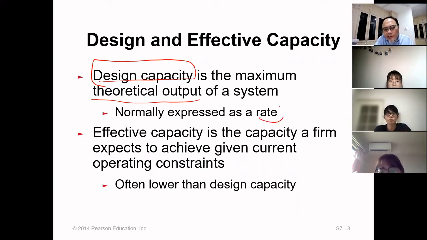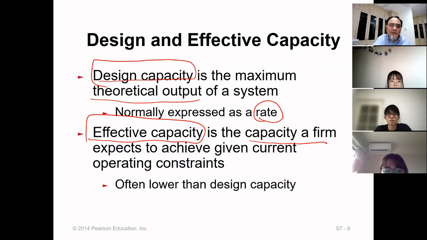Sometimes it's expressed as a rate, 50 per hour, 90 per hour in production. But in flights, you can say per aeroplane or different types of aeroplane. Effective capacity is different from design. This effective is the capacity that the company expects to achieve given some constraints.